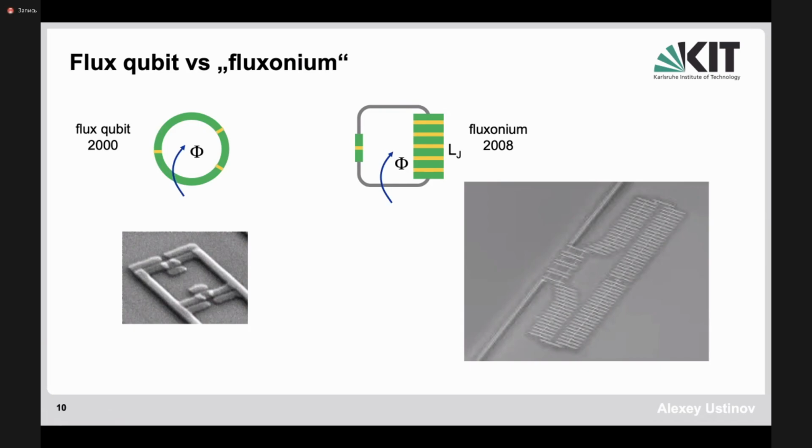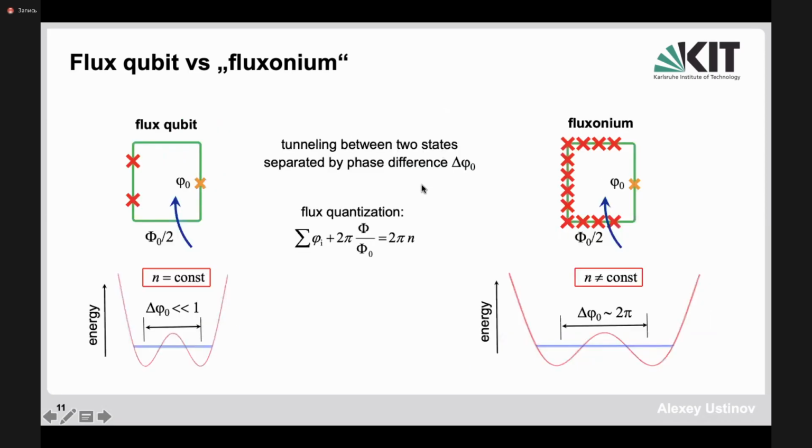The reason is to minimize the stray capacitance of those junctions. It's one of the geometries. Actually, there are also much simpler geometries making a series array of junctions like that. So schematically, again, we see on the left the flux qubit, and on the right the device, which is a more general type of flux qubit, commonly called Fluxonium nowadays.